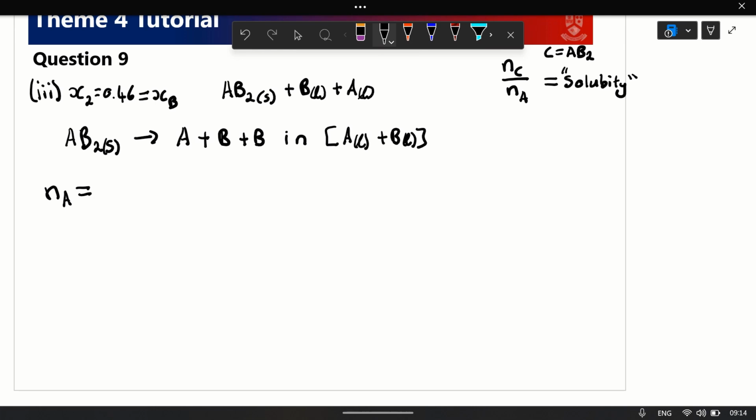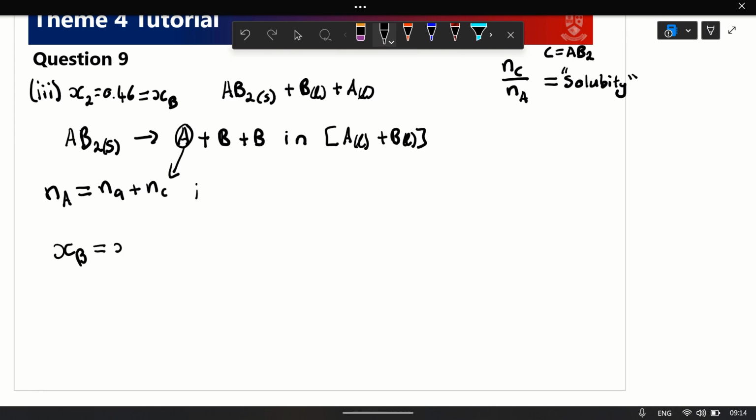Well, the number of moles of A is equal to the number of moles of A in the liquid, so let's call that just Na, plus the number of moles of A from the compound. Because there's of course A coming from this dissociated compound, right?